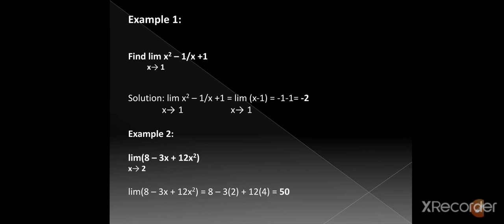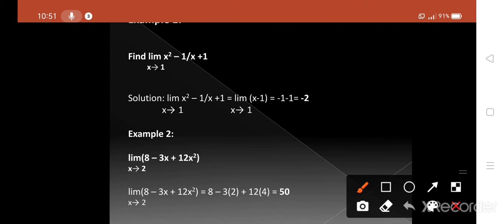So the limit as x approaches 2 of 8 minus 3x plus 12x squared equals 8 minus 3, then the value of our x is 2, so 8 minus 3 times 2 is equal to 2, so plus 12, then the value of x is 2, then 2 times 2 equals 4, so 12 times 4 is equal to 48, so 2 plus 48 is equal to 50, so our limit is 50.